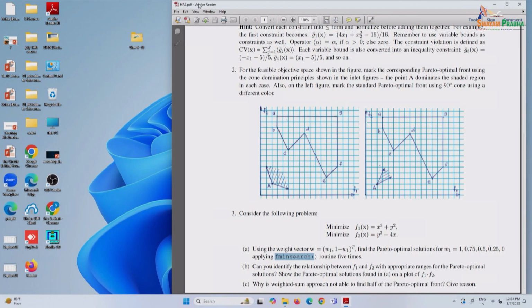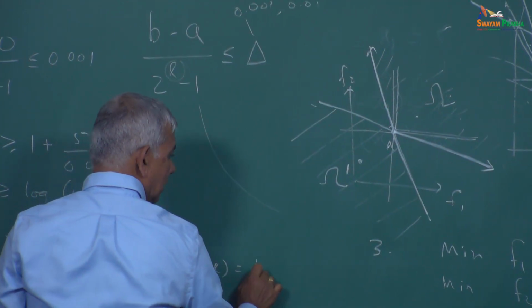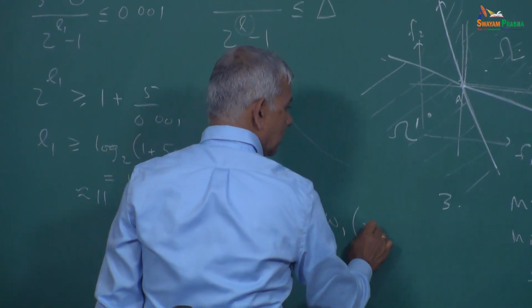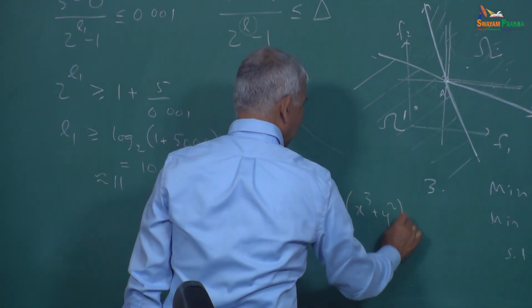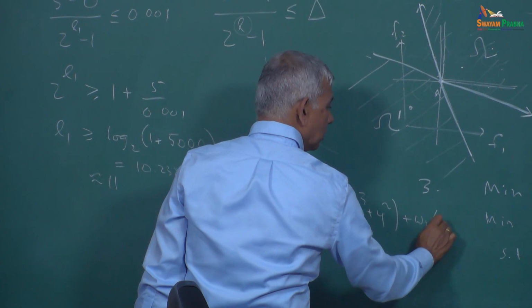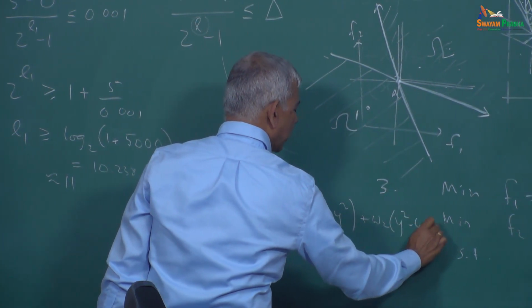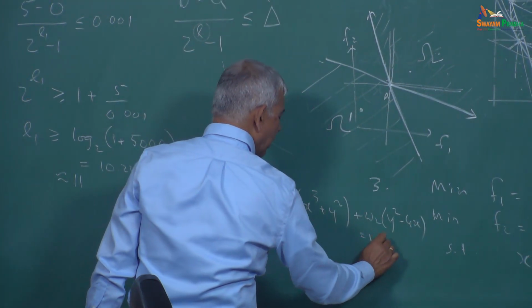Okay. Now you're going to use weighted sum. How do you do weighted sum? The weighted sum objective is going to be W1 times (x cube plus y square) plus W2 times (y square minus 4x), and W2 is equal to 1 minus W1.